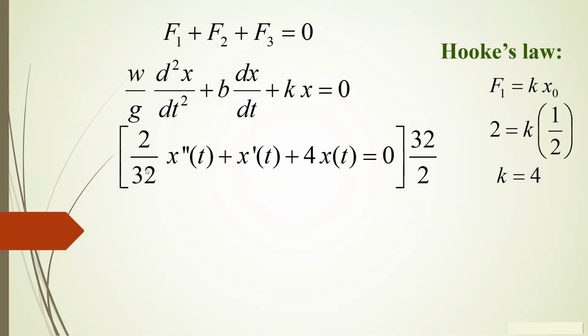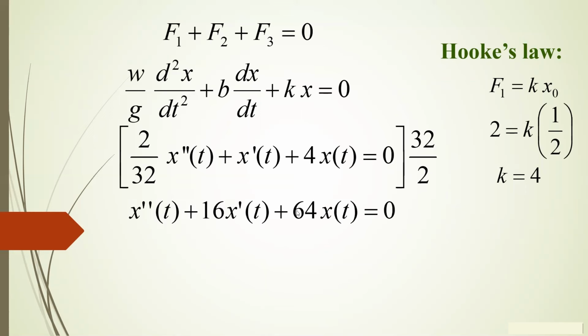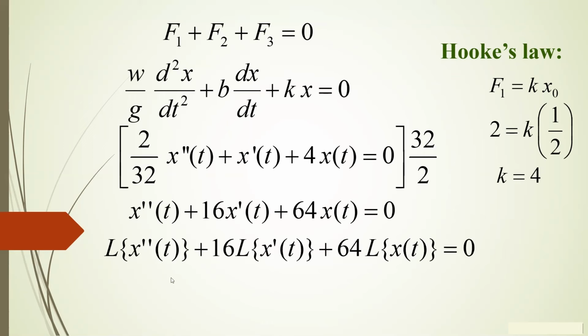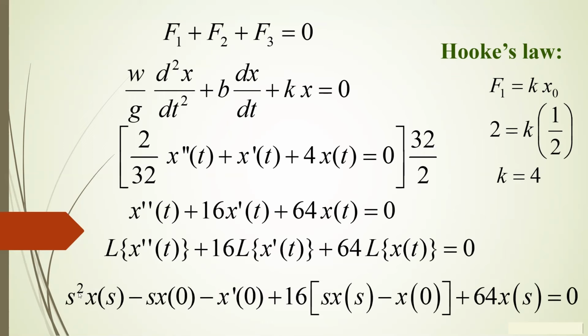Okay. When we plug in everything, you'll get to this. And then, it can be simplified to this form. Now, expanding the derivatives, you'll get s squared xs minus sx0 minus x prime 0 plus 16 sxs minus x0 plus 64xs is 0.